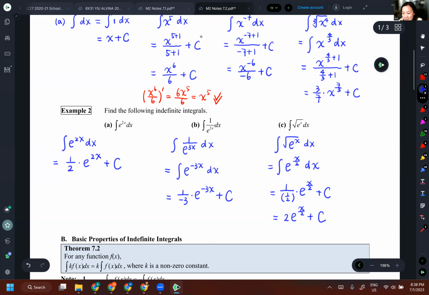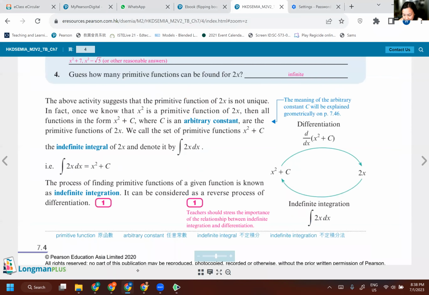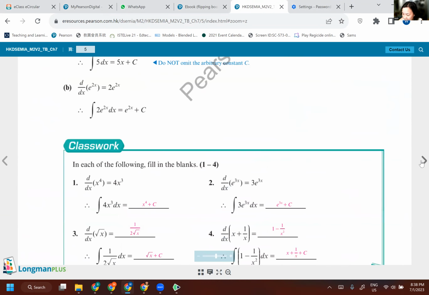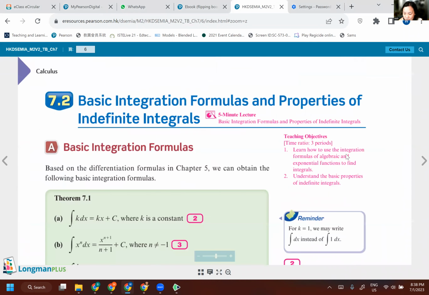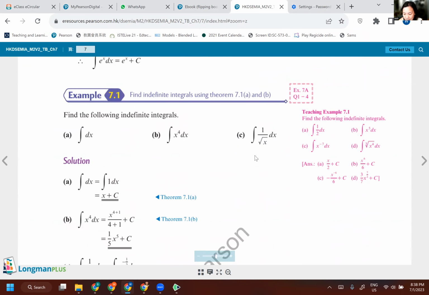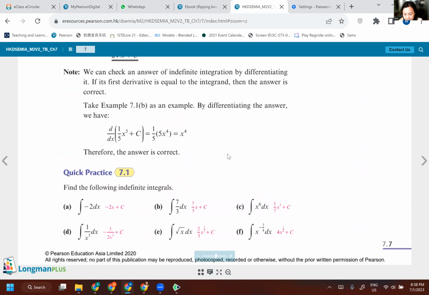Okay, let's do the exercise from the textbook then. Again, when I show you, it has the answer. But when you are done, just let me know. Quick practice on page 7.